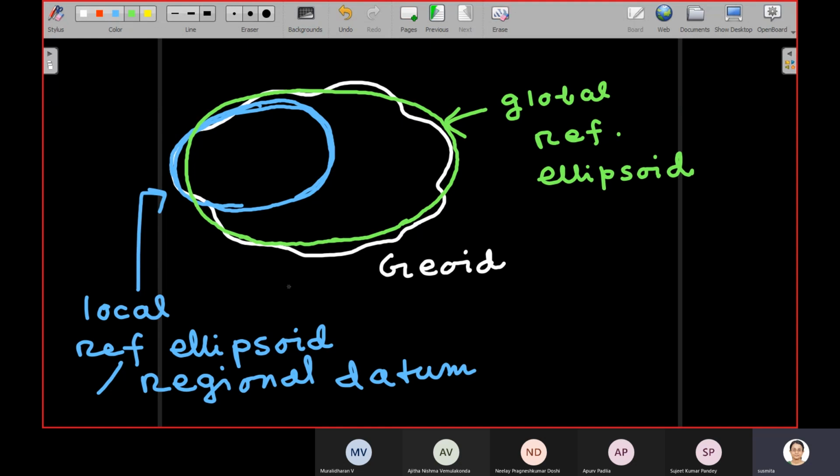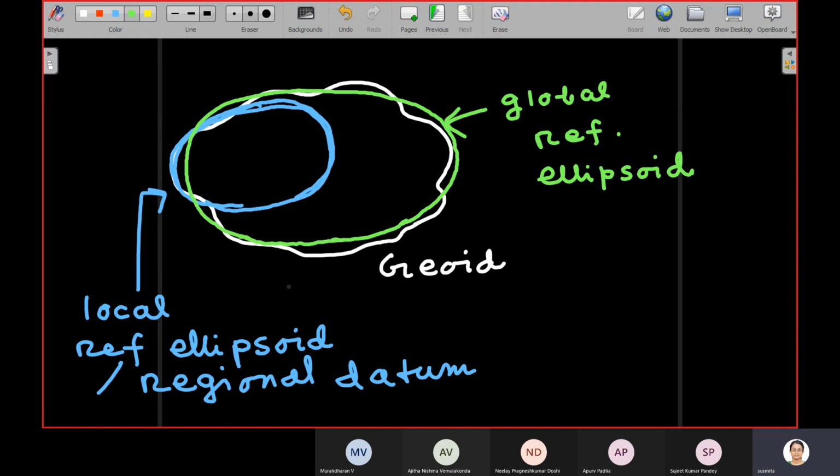So it depends on what application you are interested in. If somebody wants to have the system working only over a particular region, then he can use a local reference ellipsoid. If the area of interest is all over the world, then a global reference ellipsoid would be used.